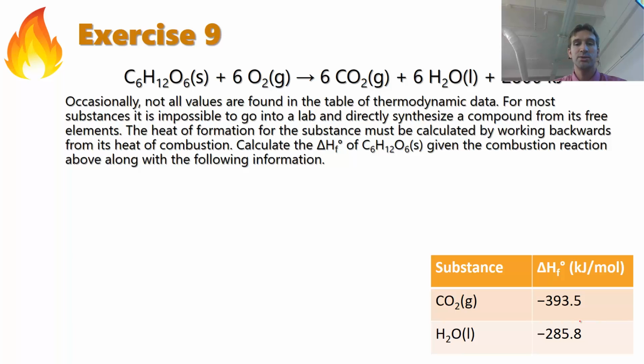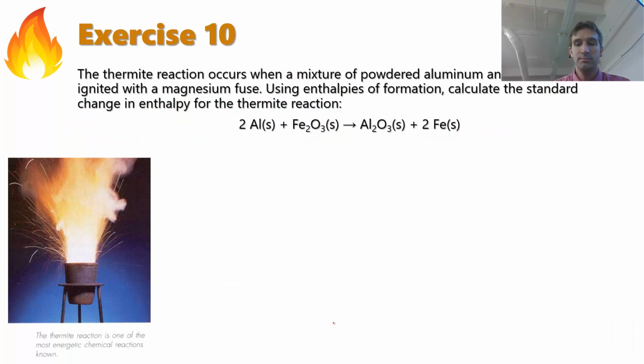I'll give you the answer to check. It is going to be negative 1,276 kilojoules per mole reaction. Final reaction here. After you've worked this problem out, you can check it. You should end up with negative 850 kilojoules per mole reaction in this case.